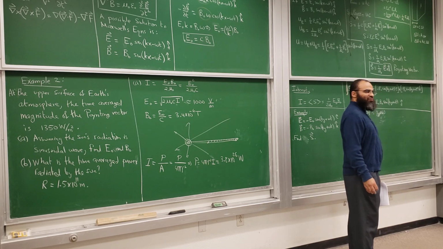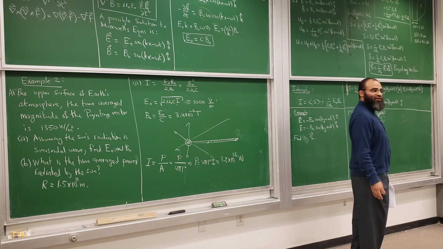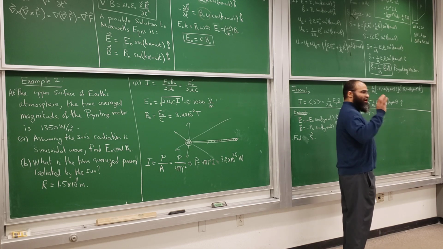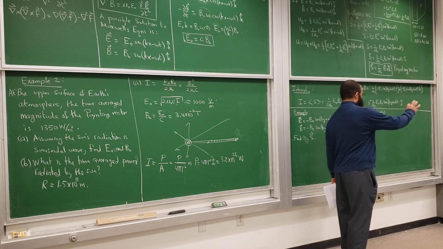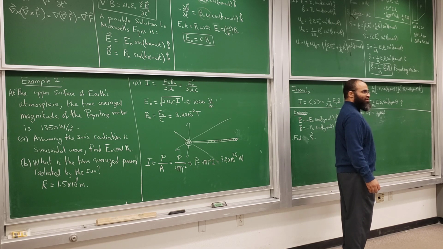How is force related to the change in momentum? It's change in momentum over change in time, dp/dt, the rate of change of momentum. So let's say you have radiation falling on a surface, and we want to know the pressure.